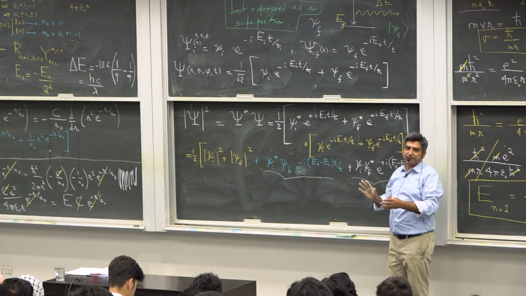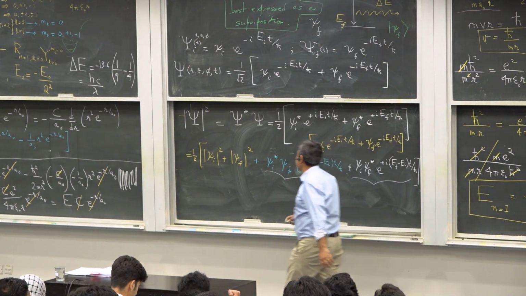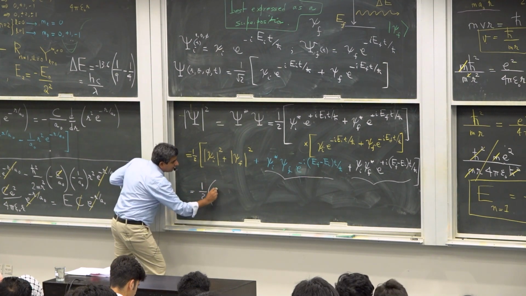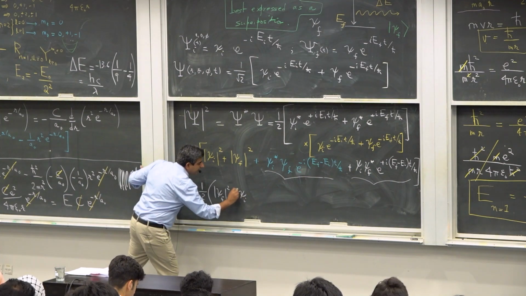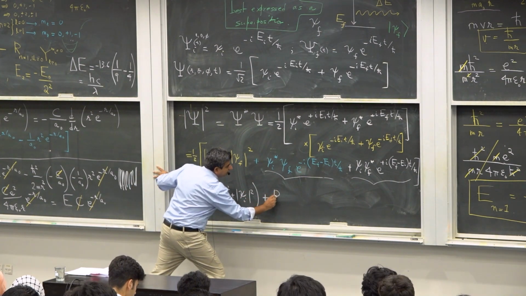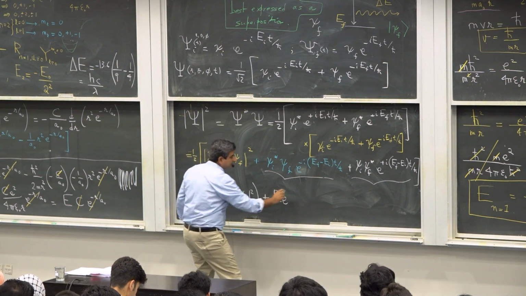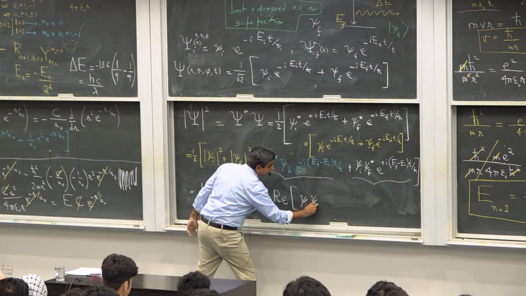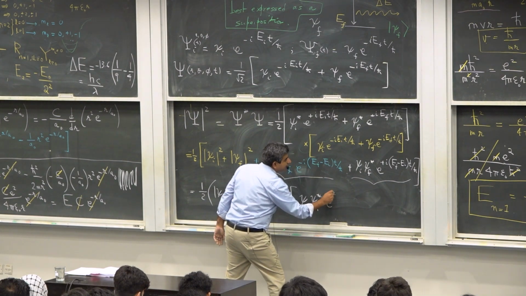Twice the real part of this number. Right? So I'm left with half psi_f mod square plus psi_i mod square plus the real part of psi_i psi_f star e to the plus i.